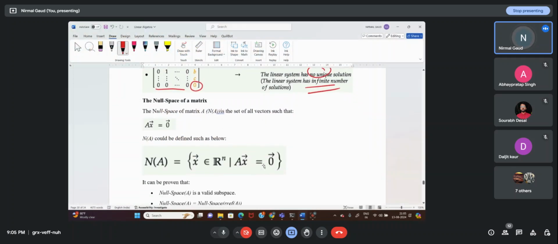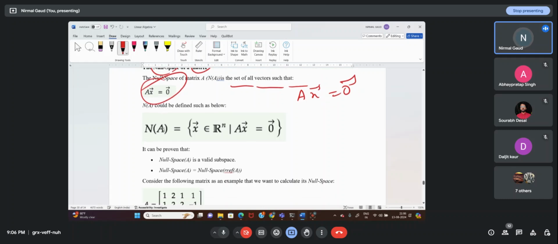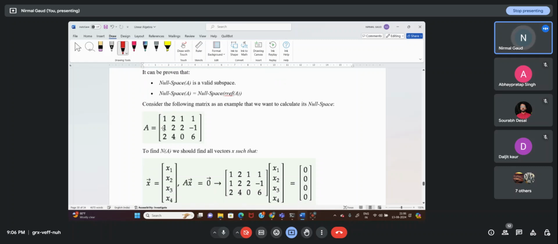Okay, what is null space? Null space of a matrix is the set of all vectors which follow this property: A x vector equals 0 vector. The 0 vector comes in a subspace of all the vectors. So what is A here?